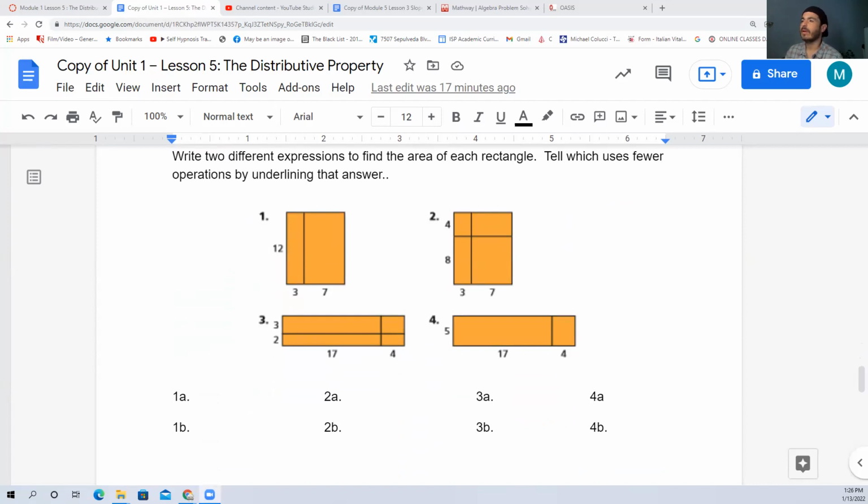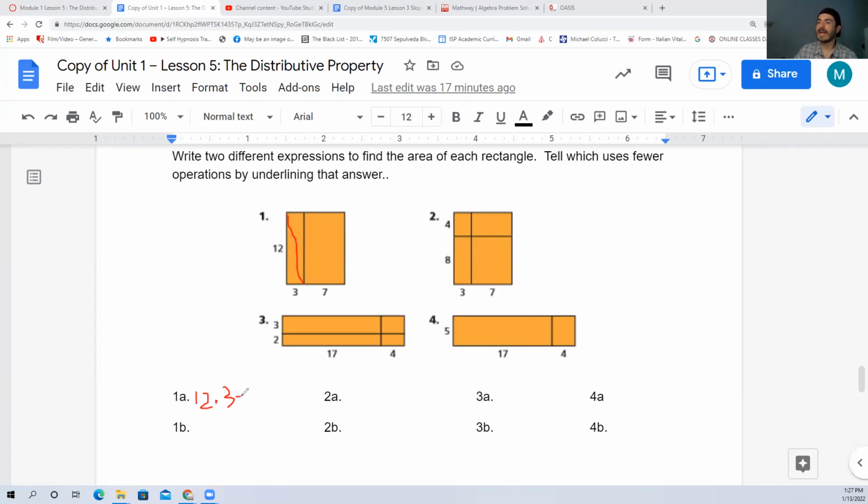I think I can do that. So here I have on the first one here, I have 12 times, I'm going to use the dot to represent multiplication. This is 12 times 3. This is going to give me this area here.